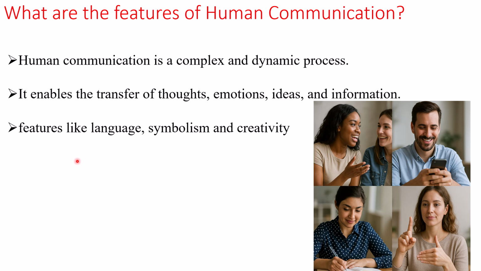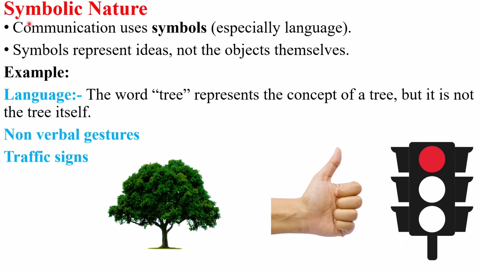The advanced features are language, symbolism, and creativity. In this video lesson, we try to know the characteristics of human communication, or features of human communication, in detail. So let's see what are the features of human communication.